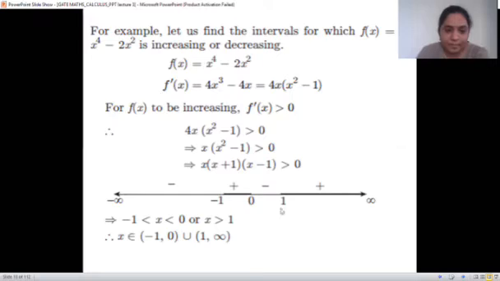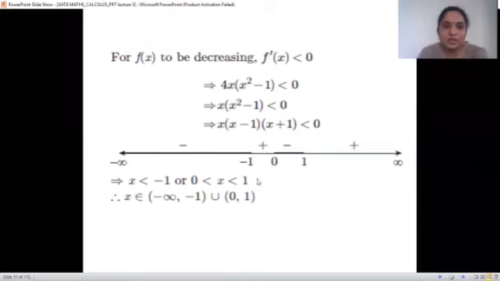Correct? As we are counting positive for increasing function, that's why we have to count negative for decreasing function. So for decreasing function, the condition we know is f dash of x is less than 0. Everything is the same again, and we draw the sign pattern minus plus minus plus.